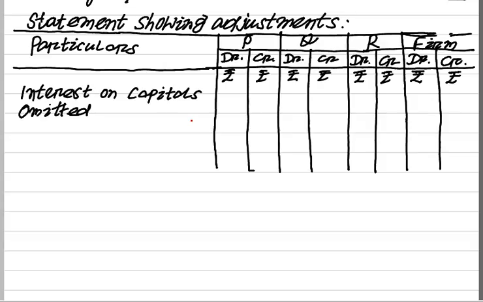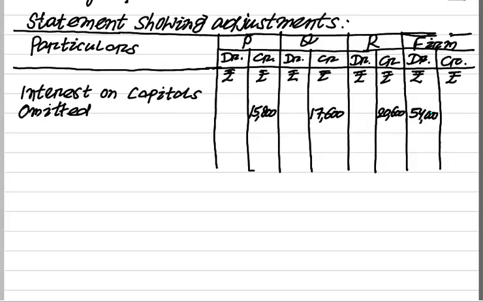It is now to be given to them, that is 15,800 for P. For Q it is 17,600, and for R it is 20,600, and if you add these, it will come to 54,000, credit for the partners, debit for the firm.